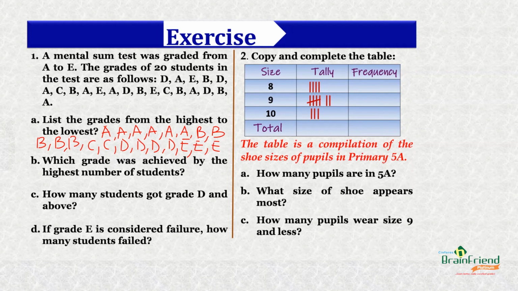Now, from our array, you discover that A has the highest number of appearance. So, the answer to that question is A grade. The A grade appears most frequent.